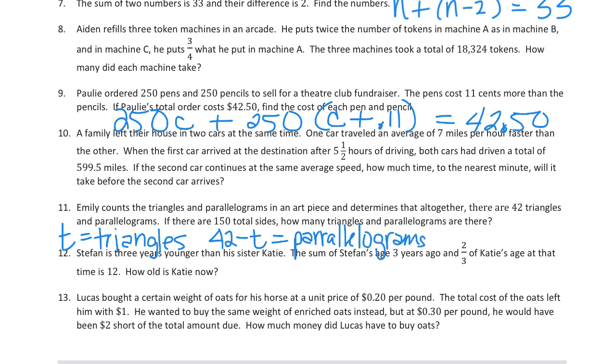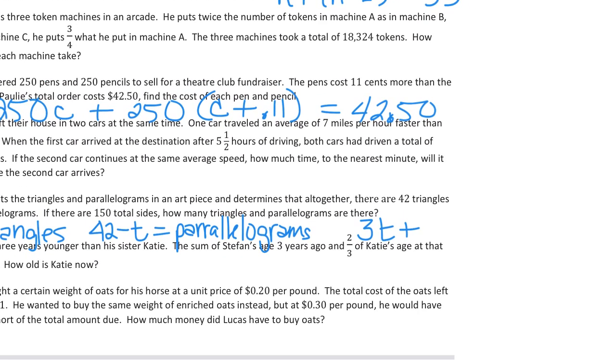Now, 42 is the total of the triangles and parallelograms together, but it's asking me based on sides. So triangles have 3 sides. So if triangles are t, 3 times t plus parallelograms have 4 sides, 4 times 42 minus t equals 150.